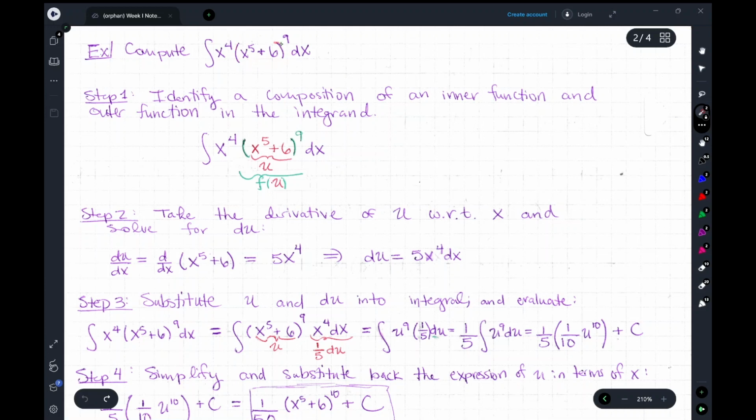And it's being composed into an exponent to the power of 9th. Well, you could take a look at that and say, this looks kind of like a composition, right? I have an inside function, x to the 5th plus 6, and an outside function, x to the 9th.